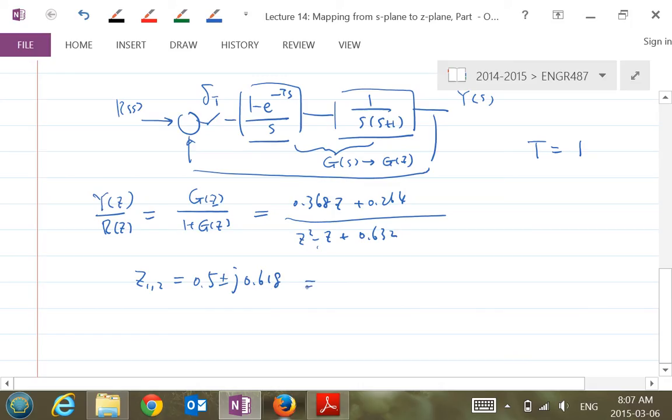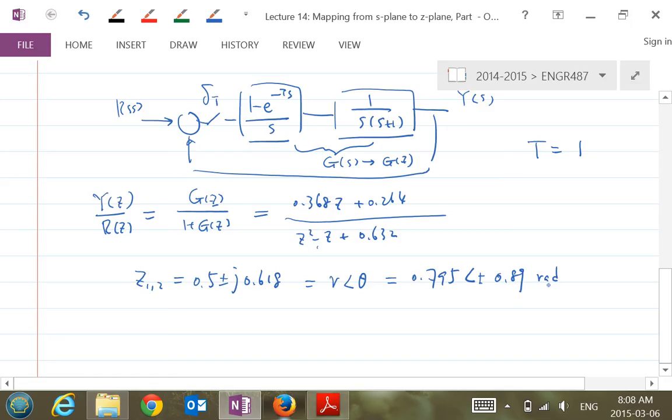These are complex conjugate poles, and if you write them in Euler format, it's r angle theta, where r turned out to be 0.795 and theta is 0.89, with positive and negative signs. So this is the pole location based on a zero-order hold equivalent discretization with sampling time T equal to 1 second.